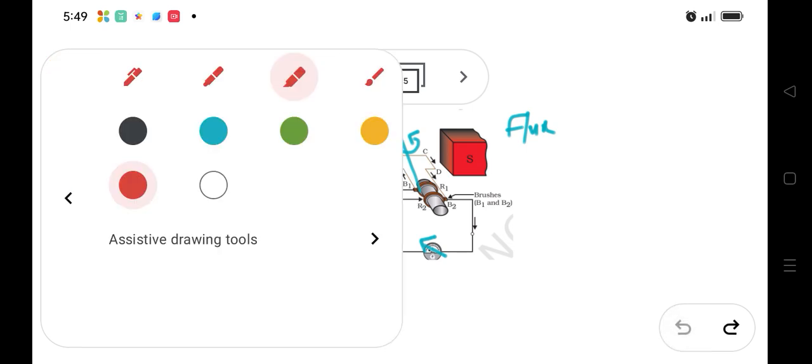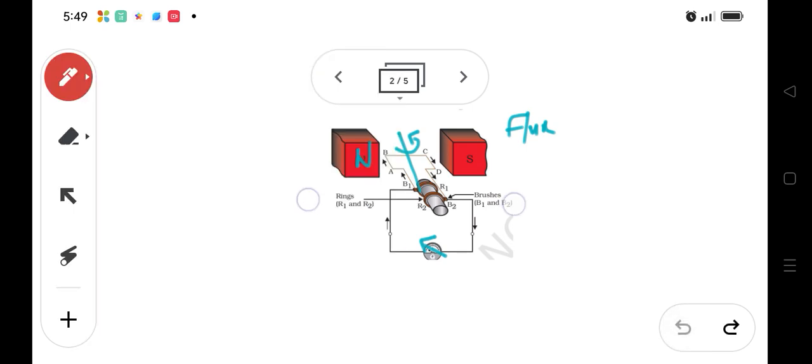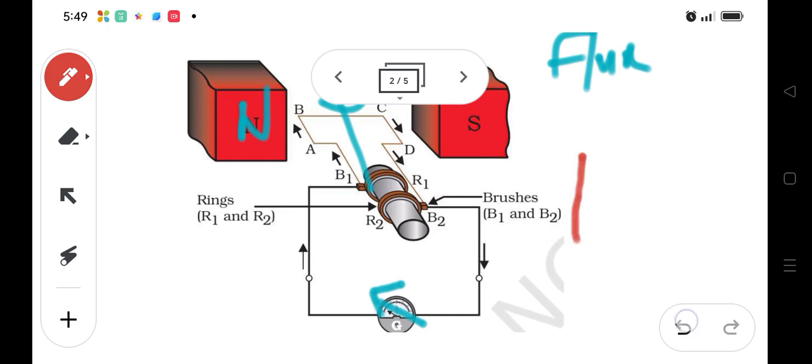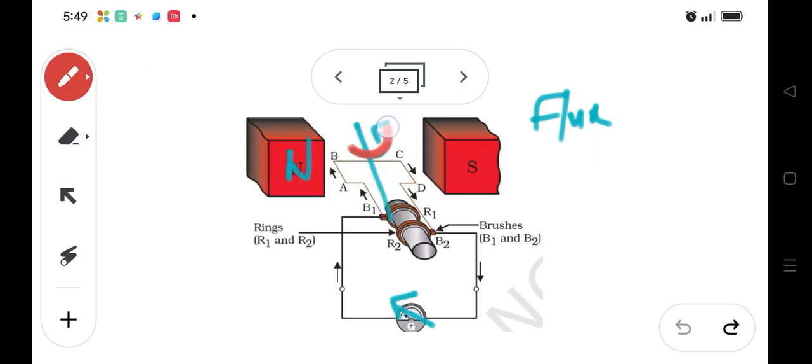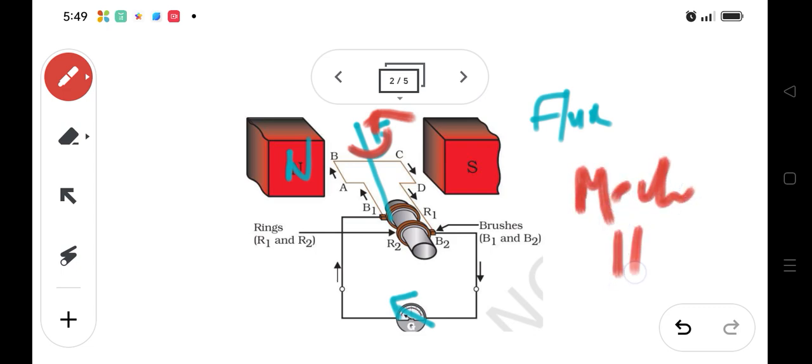That means when we are rotating this armature coil, we are providing mechanical energy. So mechanical energy is what we are providing, and at last, what is generated?